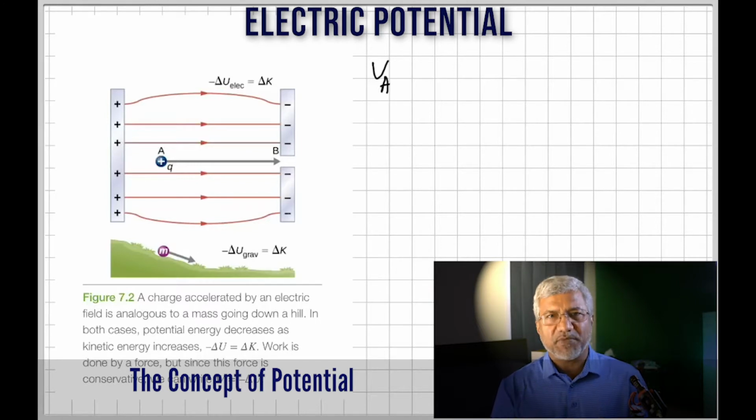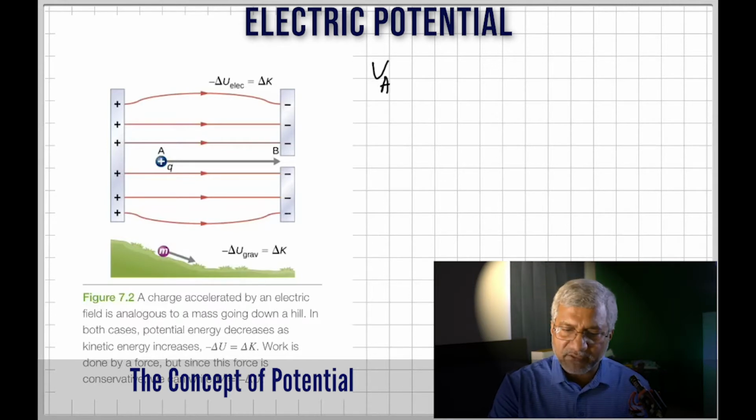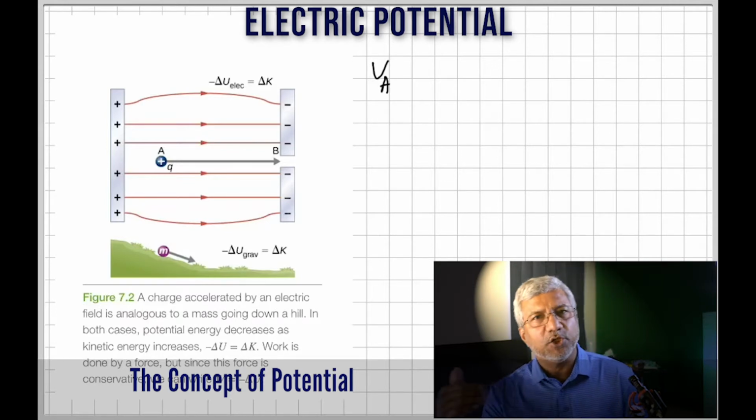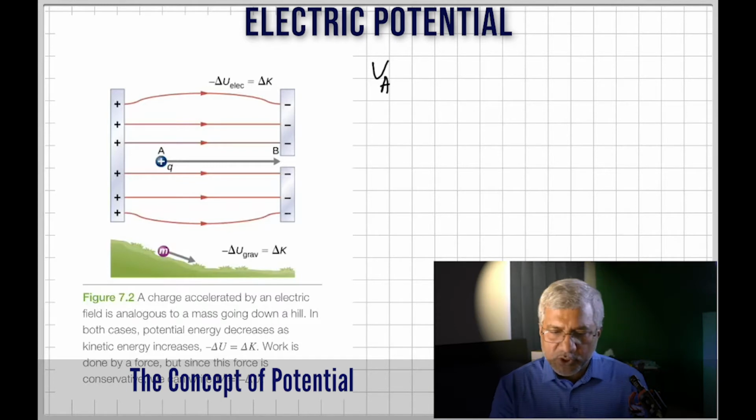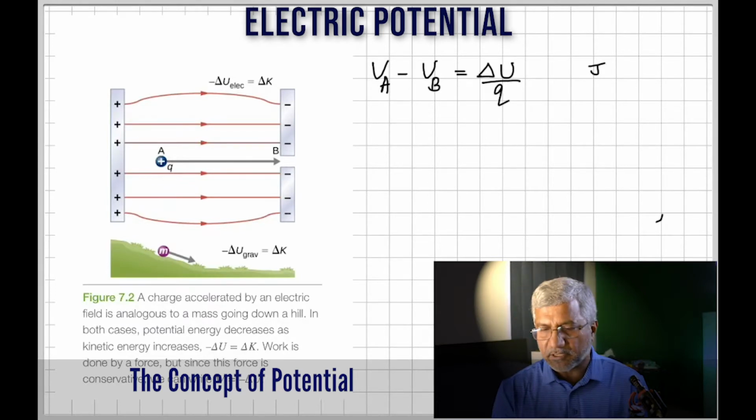And it's easier to remember that whatever plate is positively charged is at a positive potential, and the one that's negatively charged is at a negative potential. Which means that the positively charged plate is at a higher potential. That's why it's positive. And the negatively charged plate is at a lower potential. So when you take these two plates, the potential of A is greater than the potential of B.